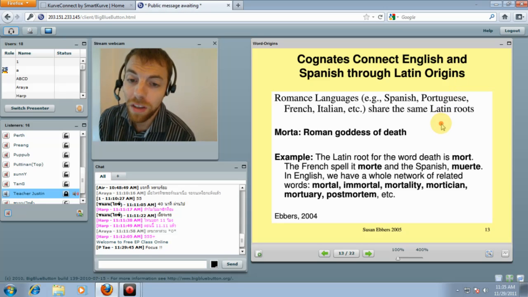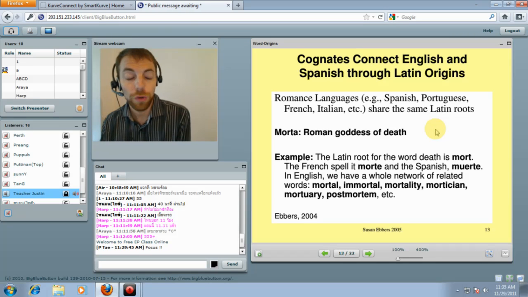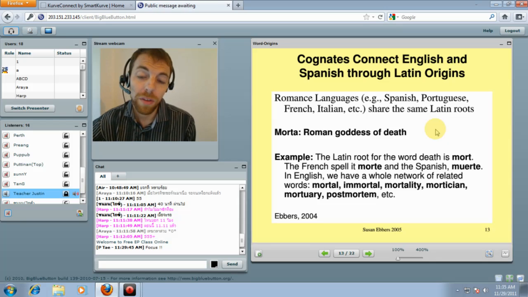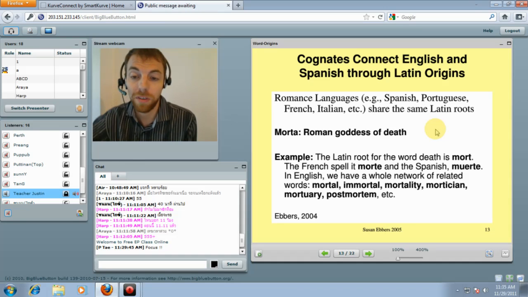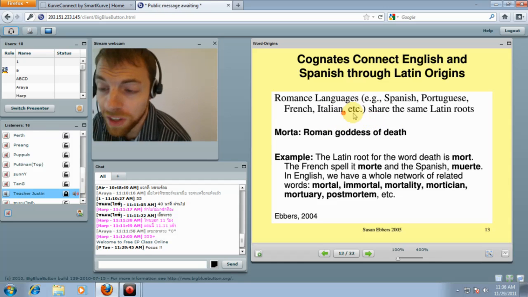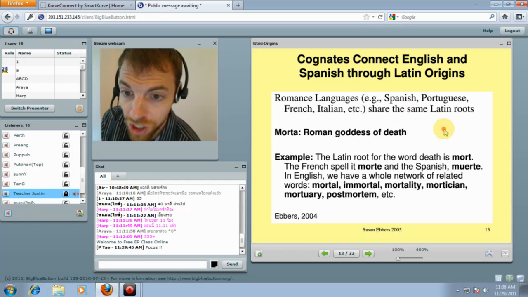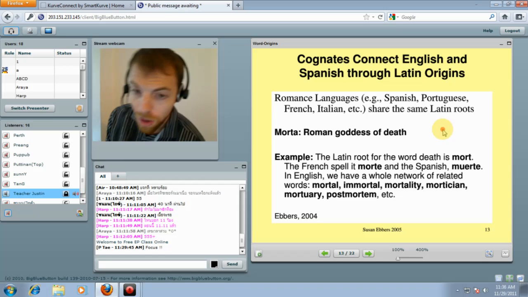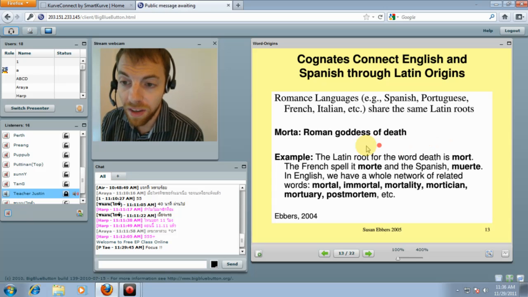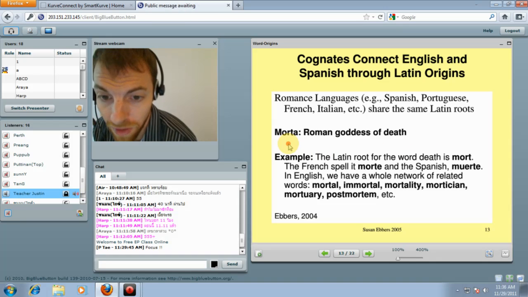So there are many, many words that are the same in English and Spanish, and usually they are the same because they share a Latin origin, or maybe they are a new word and they just make it the same. It's easier. All right, so for example, romance languages I was talking about before, like Spanish, Portuguese, French, and Italian, are from Latin and very strong with their Latin words. And English has many similarities to these languages.